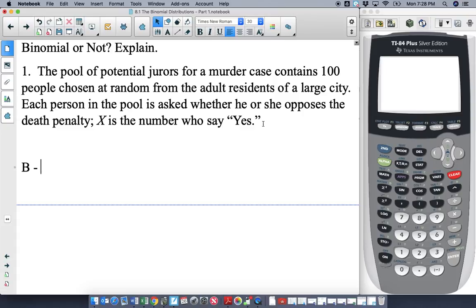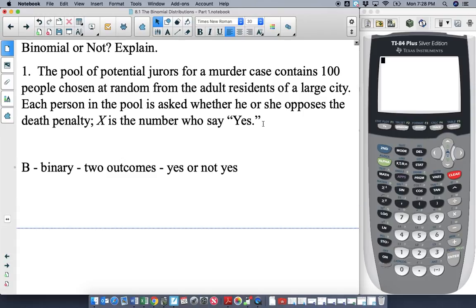They either say yes or they don't say yes. They say no, or we could consider they say yes or they say something other than yes, I suppose. So either way, this is binary, because there are 2 outcomes, yes or not yes, let's say.